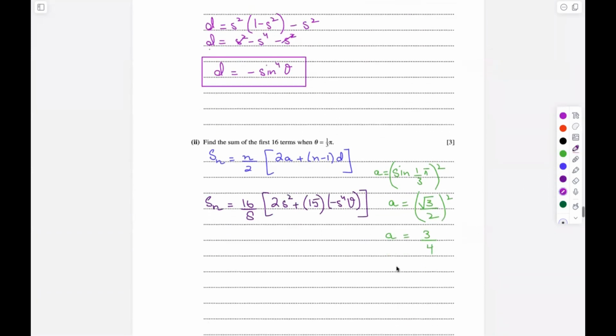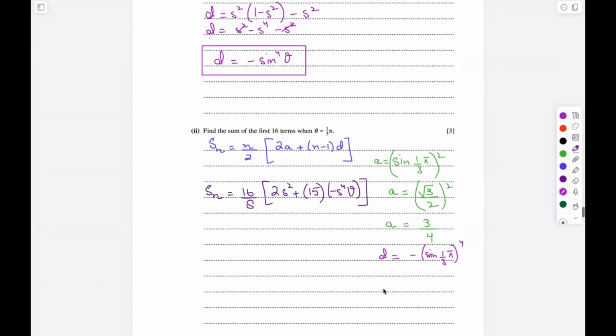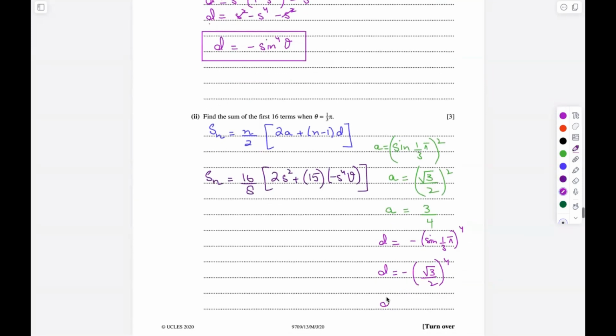And as d is minus sine to the power 4 theta, we'll write it as minus sine of 1 upon 3 pi to the power 4. Sine of 1 upon 3 pi is root 3 upon 2, so root 3 upon 2 to the power 4, substituting this in the calculator, will become 9 upon 16. So d will be equal to minus 9 upon 16.